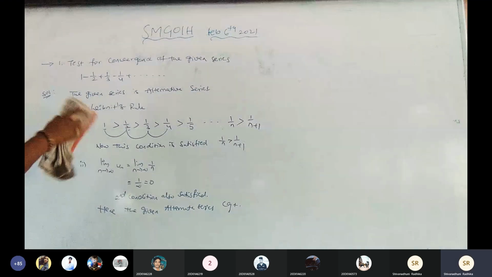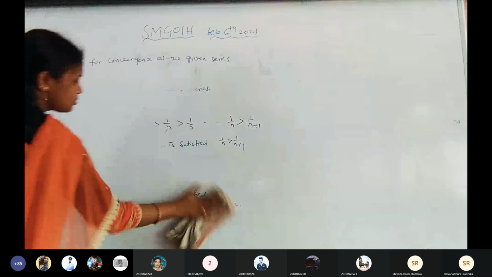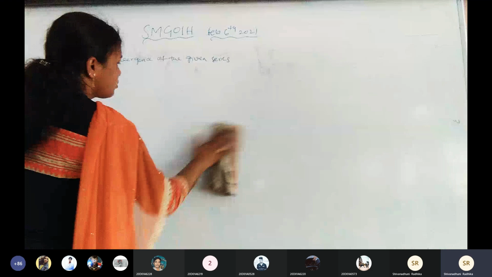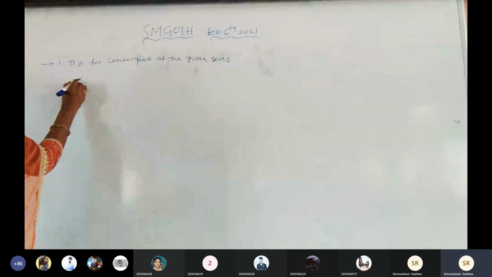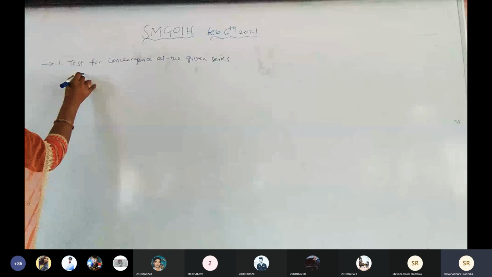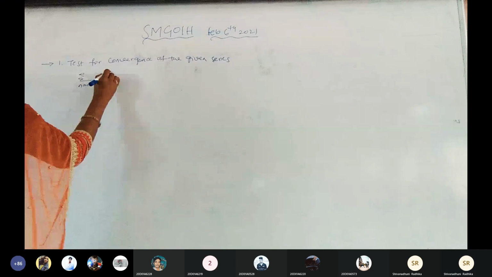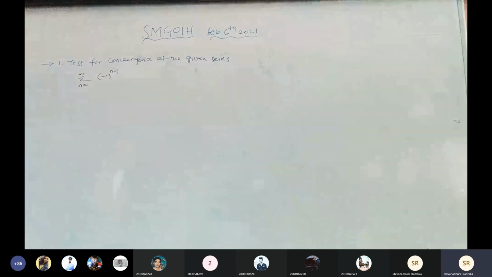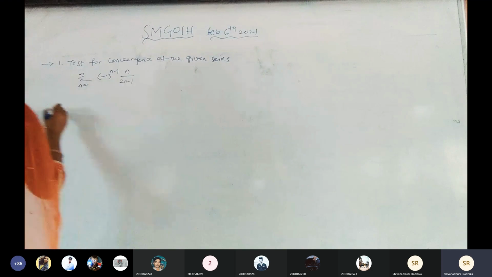Second problem. Test for convergence of the series: summation n equals 1 to infinity of minus 1 to the power of n minus 1, times n by 2n minus 1.